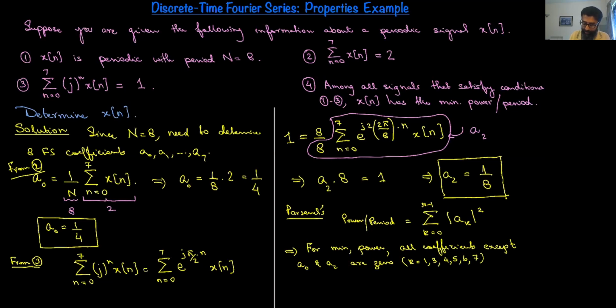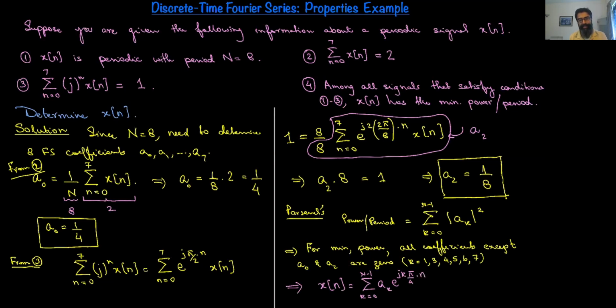And so based on the synthesis equation, I can just say that x of n is equal to the summation over k equals 0 to N minus 1 of a sub k times e raised to power j k times 2 pi by N, which is just pi by 4 times n.